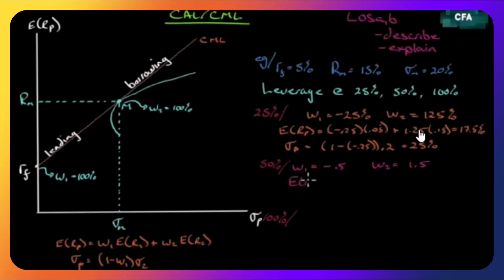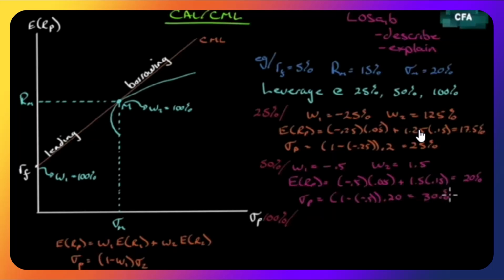So the expected return on the portfolio is going to be negative 0.5 times 0.05 plus 1.5 times 0.15, which will give us 20%. The standard deviation of the portfolio is 1 minus negative 0.5 times 0.2, which will be 30%. Fairly straightforward. The last one, if it were 100%, let's just get our weightings down.